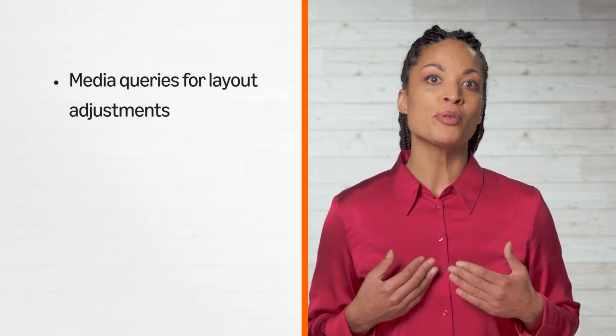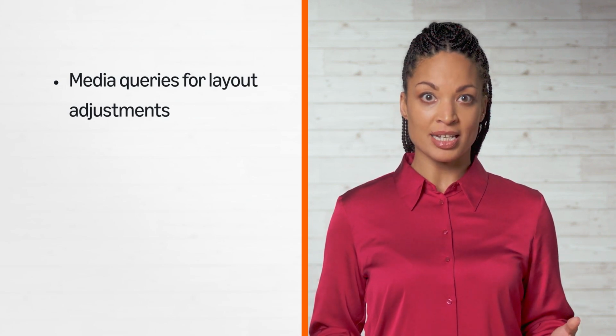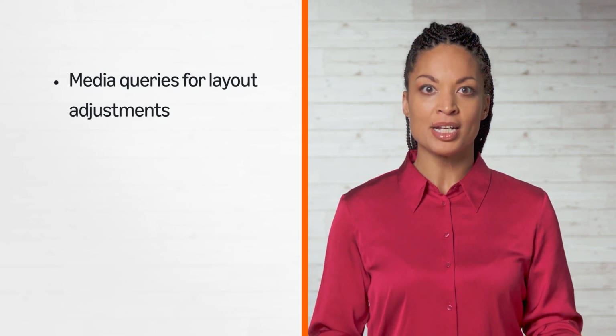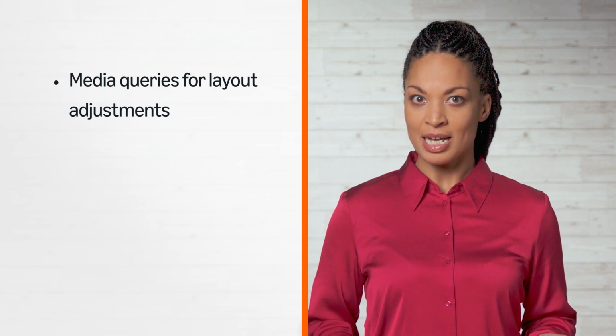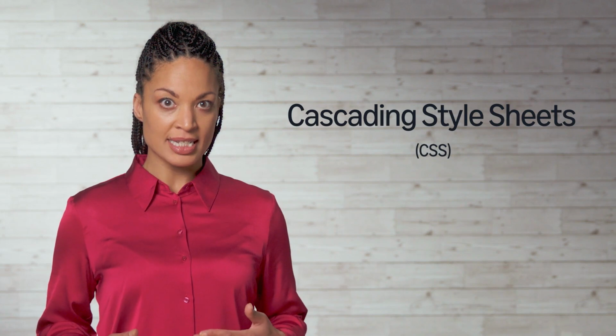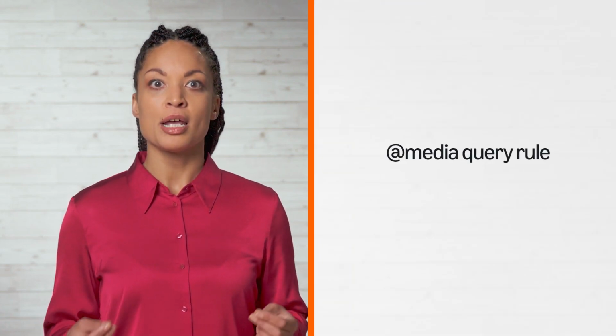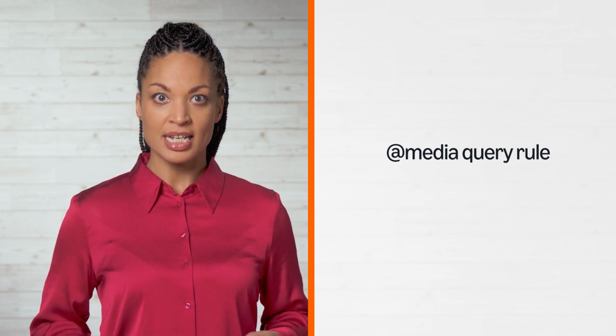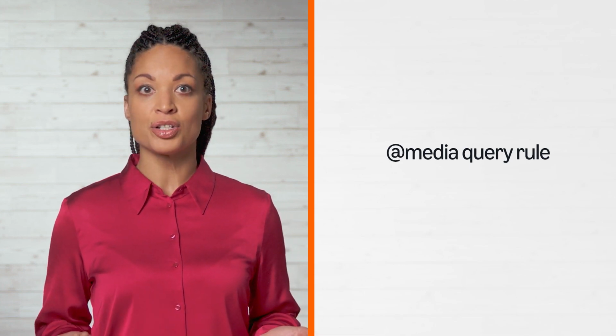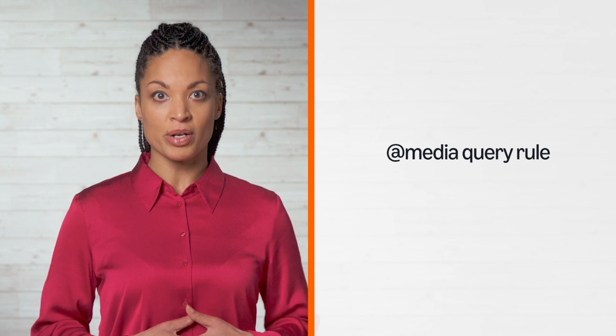desktops. In this video, you'll explore the essentials of responsive design, focusing on how media queries can help you adjust layouts based on screen size, ensuring that your web page looks good on mobile phones, tablets, and desktops. The very basis of responsive design in CSS are media queries, which allow you to apply styles based on device characteristics like screen width or resolution using the @media query rule.